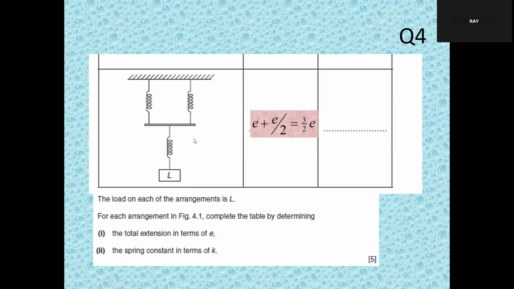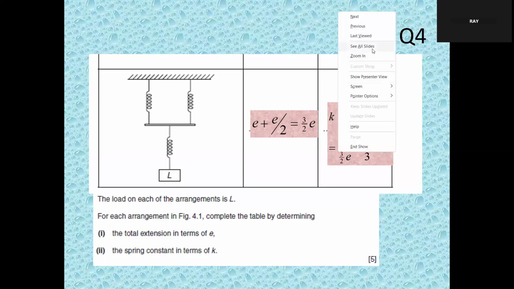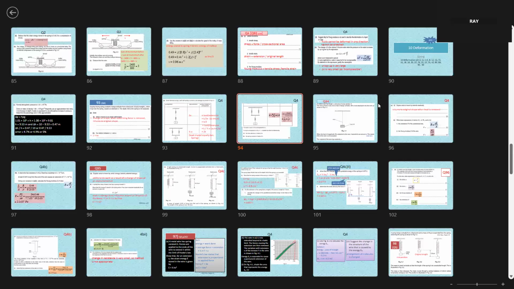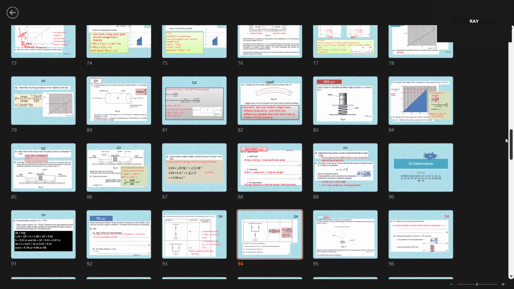Then apply the same formula. K is load over extension. Load is L, extension is 3 over 2E, right? Times 2 here, times 2 there, and then L over E is K. Yep, can. Okay, we probably have a little bit of time to do one more. After that, we go to waves.